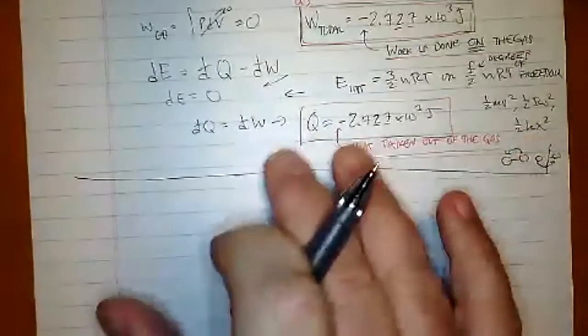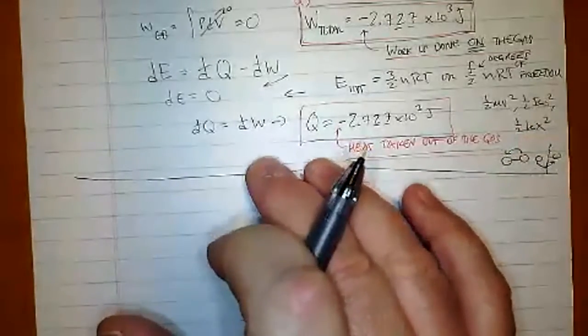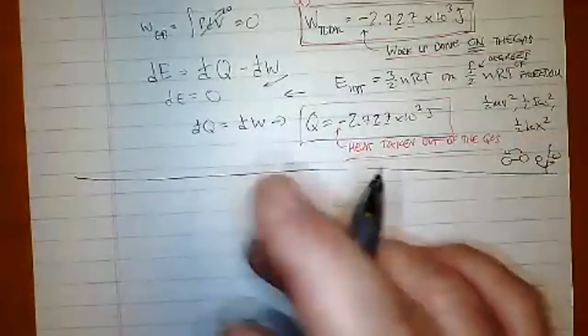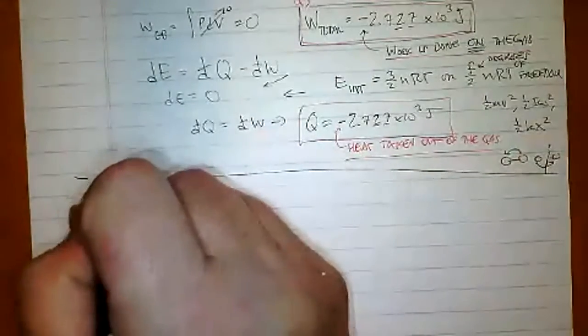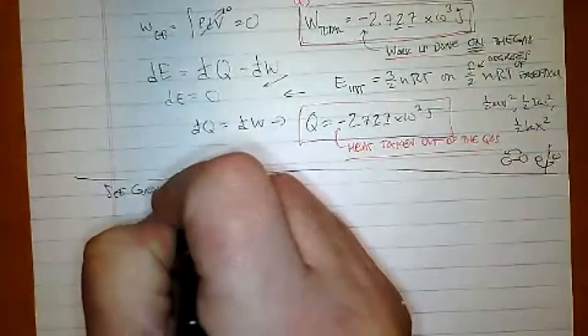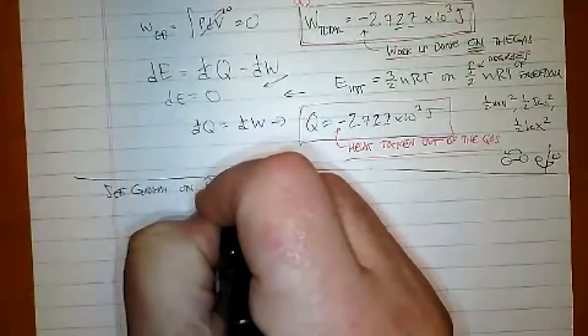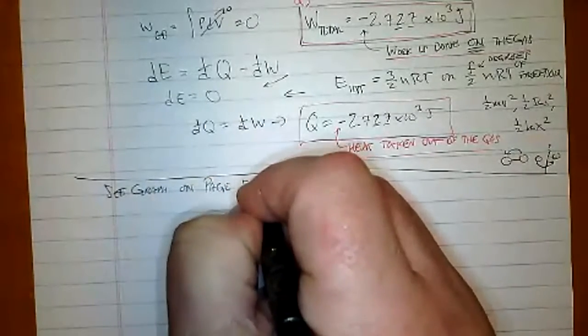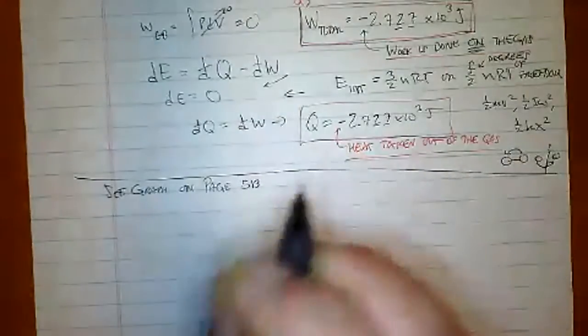This is all explained in a graph on page 513, and I'm going to give you a drawing of that right now.